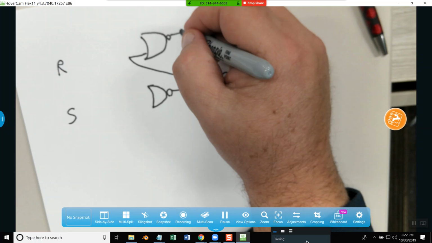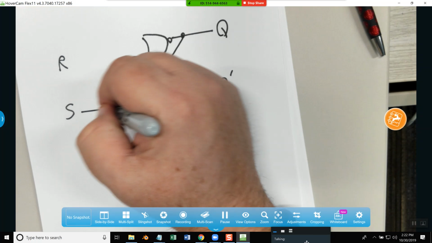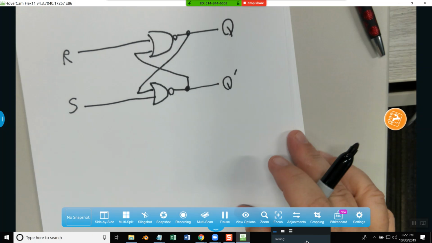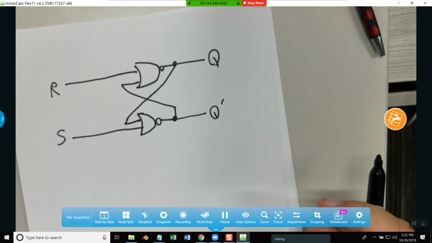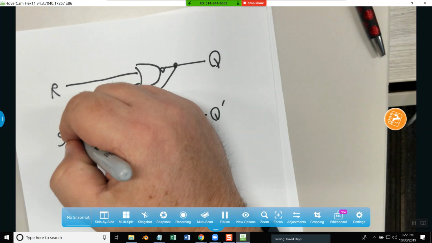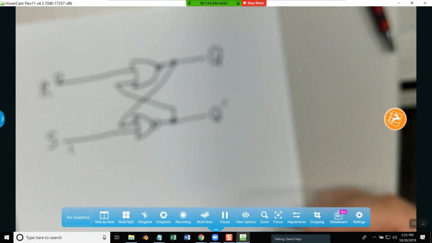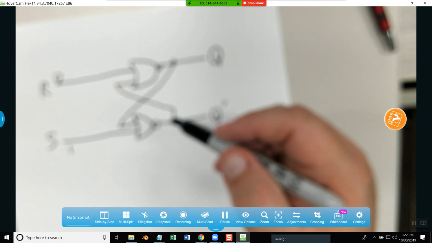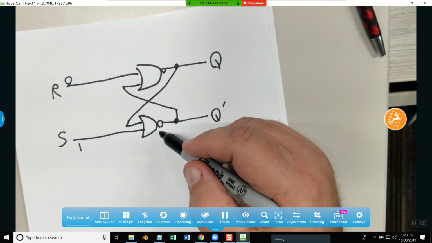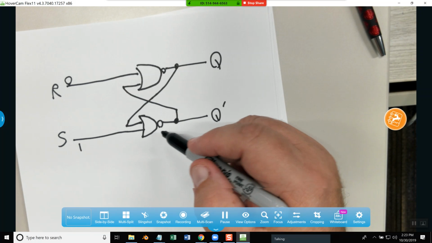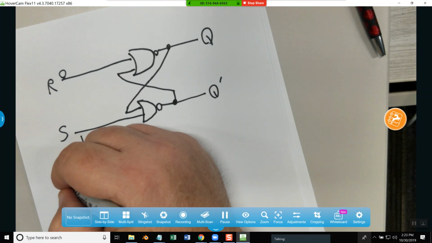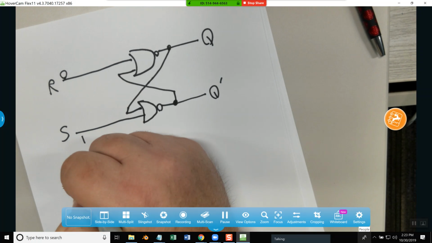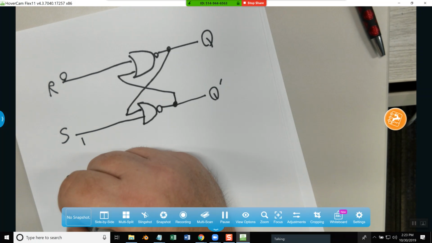Okay, so this is a 1 coming in. This is a 0 coming in. So that's 0, that's 1. Just OR would be a 1. Then our NOR would be a 0.